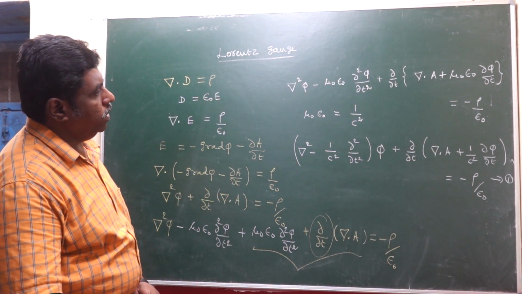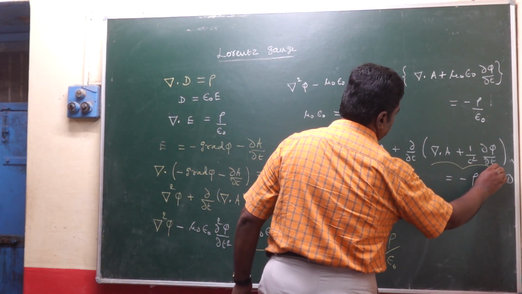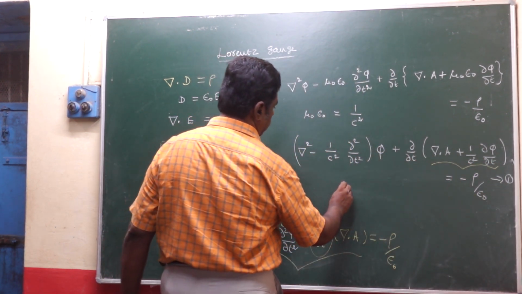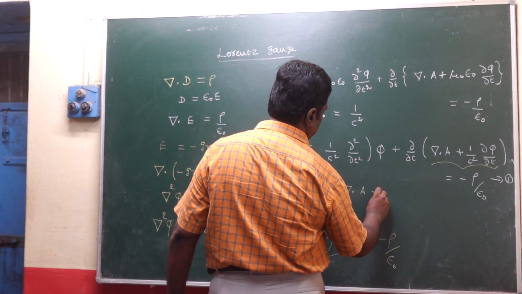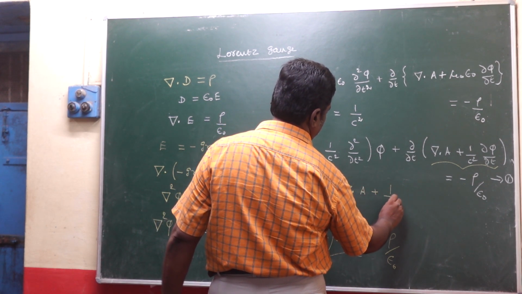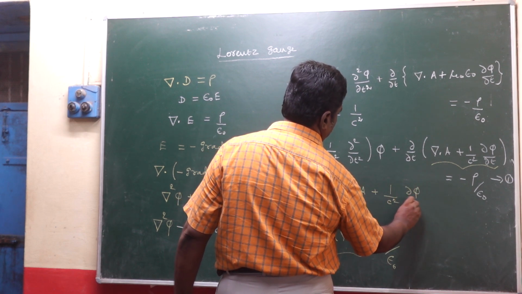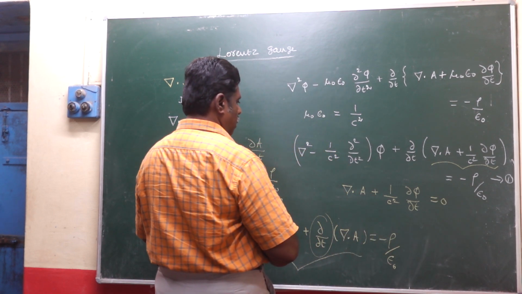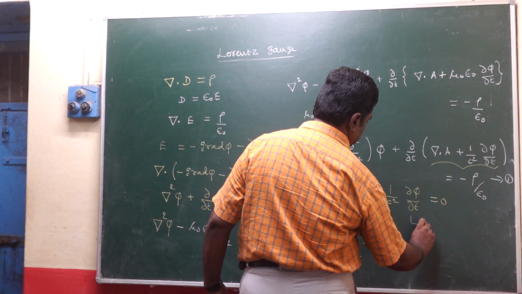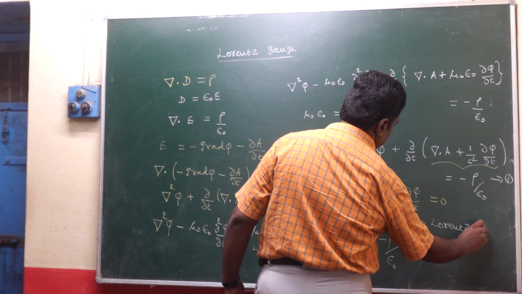In this equation 1, consider this term. Already we have proved that div A plus 1 by c square dou phi by dou t equal to 0. This is our Lorentz condition.